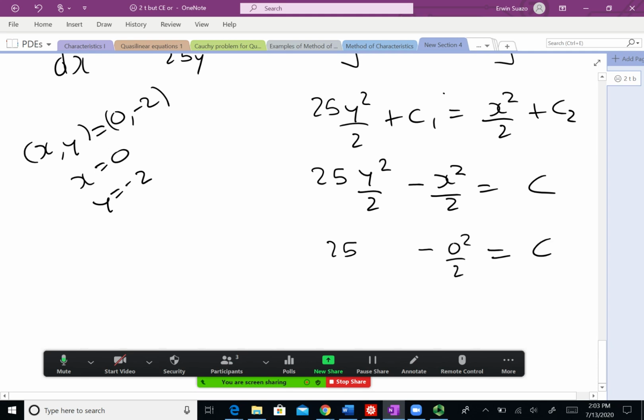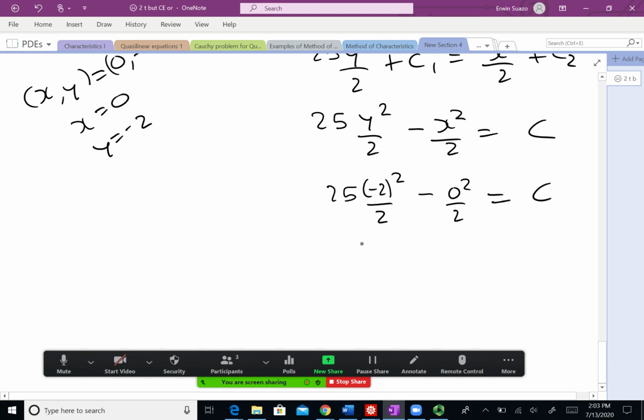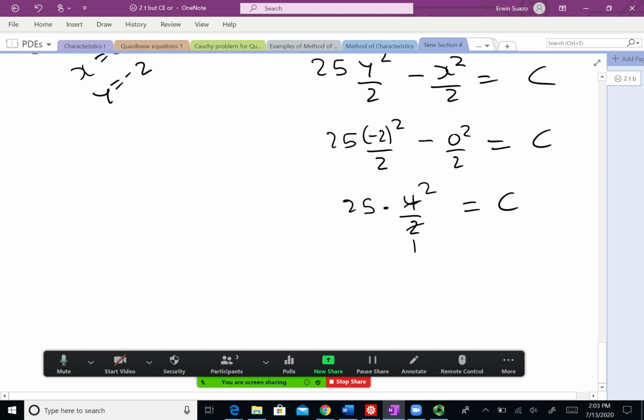And y squared, so what is y? Y is minus 2. So minus 2 squared divided by 2. So I get 25 times 4 divided by 2. And 0 is gone, right? So I got c equals 50.